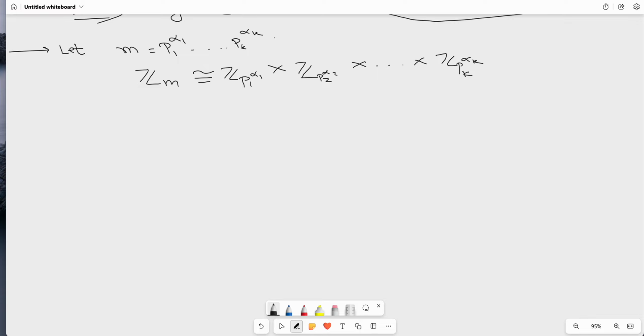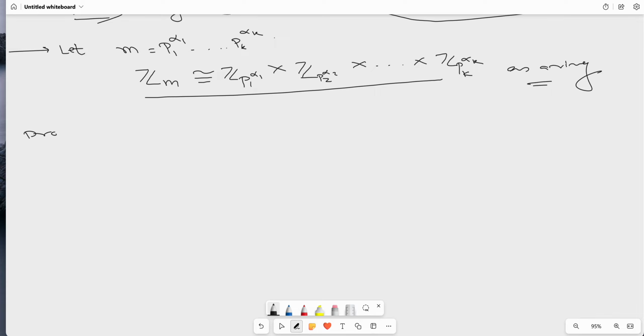How will you show it? The proof is, I guess, easy. You just have to define a homomorphism. Since I have not defined homomorphism yet, I'm leaving the proof as an exercise. See this as a ring, not as a group.